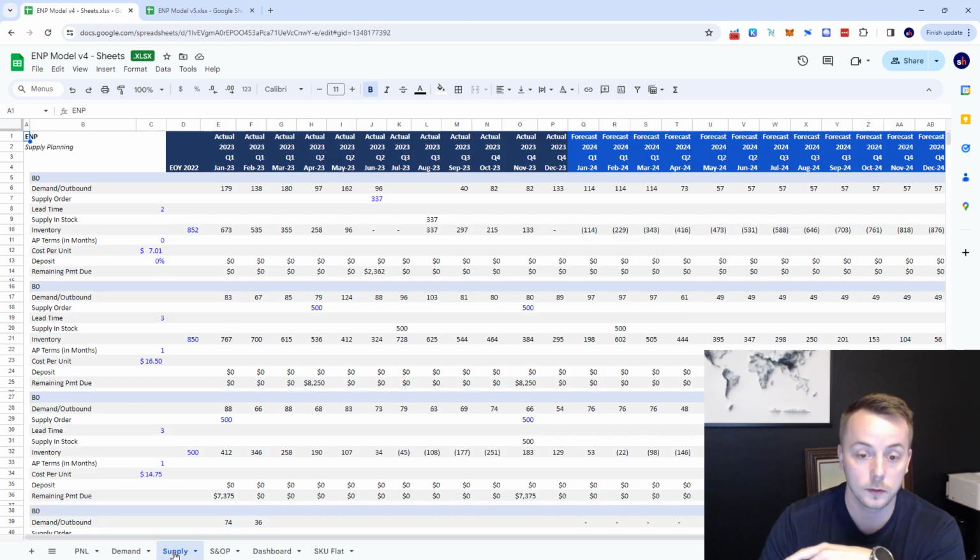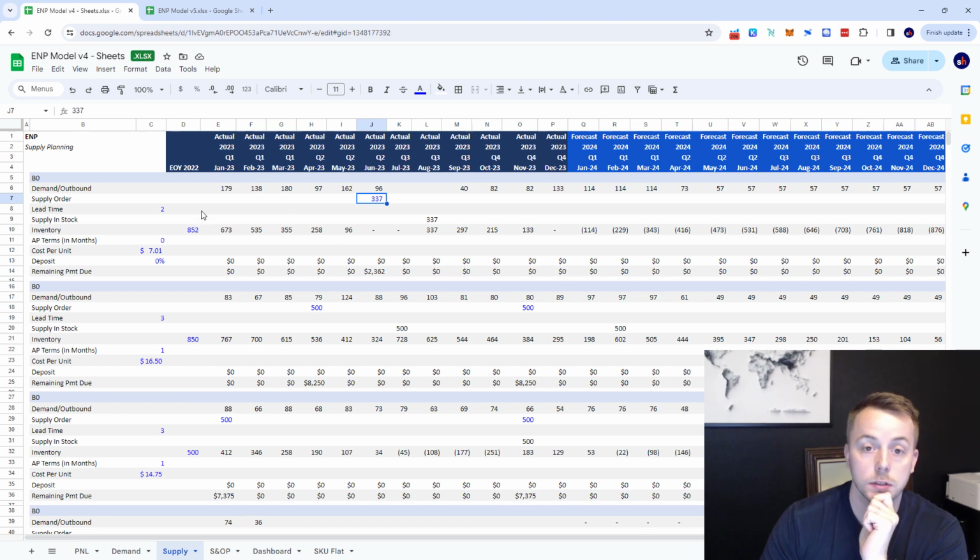But we do have then this supply tab, and what the supply tab is, it basically is that tool to use the forecasted demand. So here's the forecasted demand we just put in, 114 units. And you can see that the year started out with 852 units and went out of stock here. And this is just an arbitrary number.